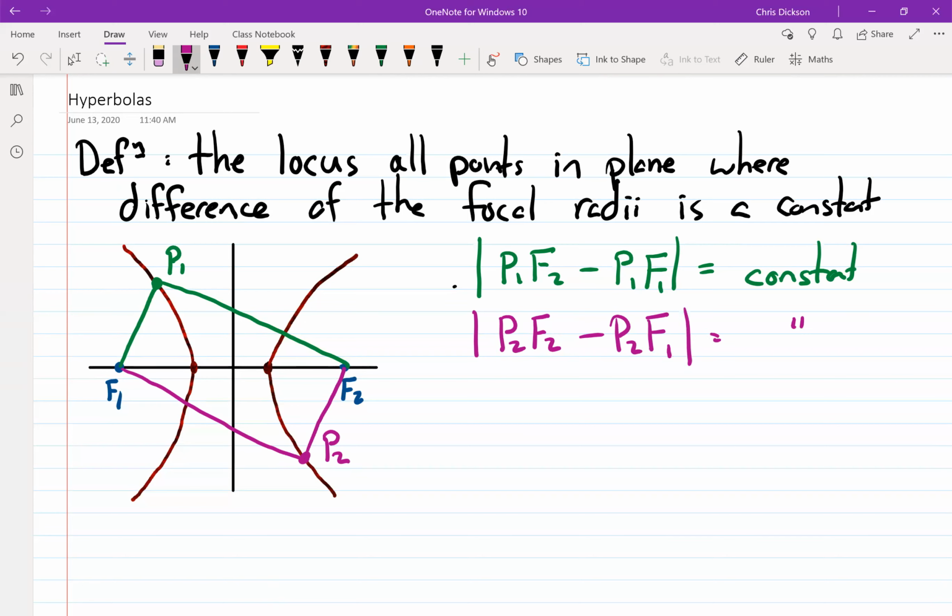So it doesn't matter how you measure it, that's always going to be true for a hyperbola. And just like the ellipse, it actually equals 2a. Now, in this kind of picture, the a has a different meaning than it does in ellipses. So there's no major axis in a hyperbola.